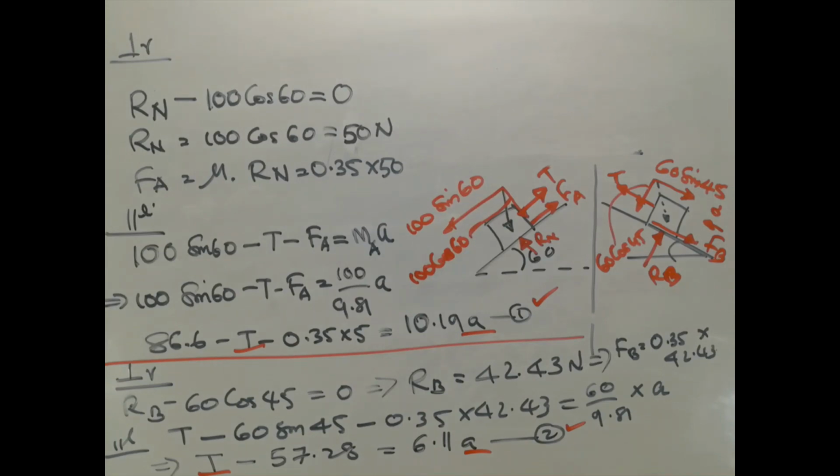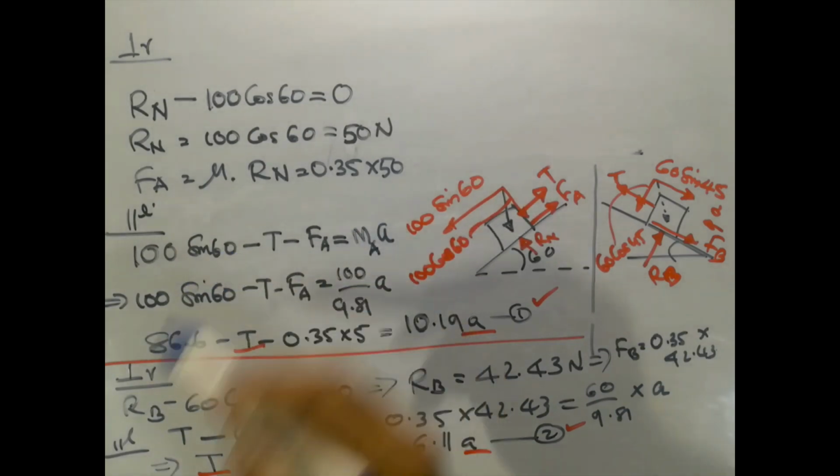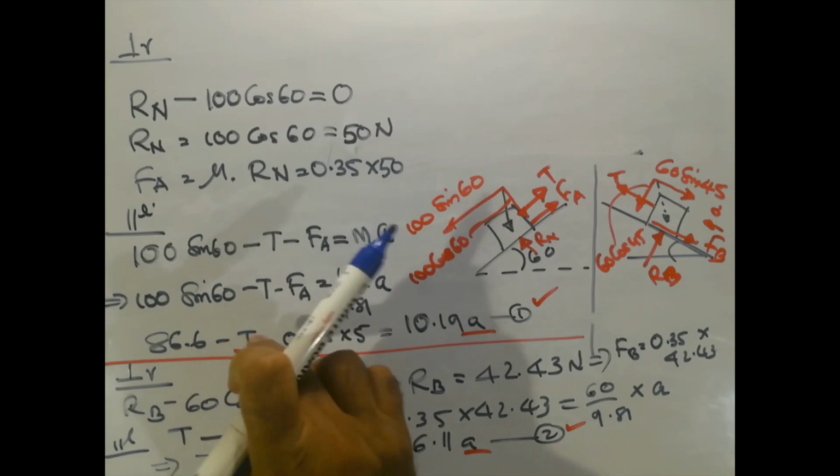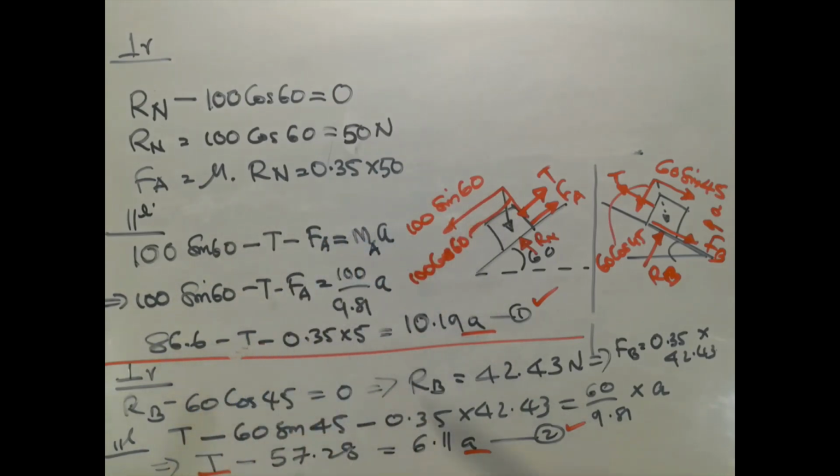Now how to solve it? Consider these two equations: 86.6 minus T minus 0.35 into 50 equal to 10.19a, and T minus 57.28 equal to 6.11a.